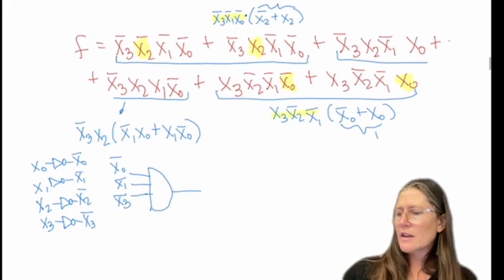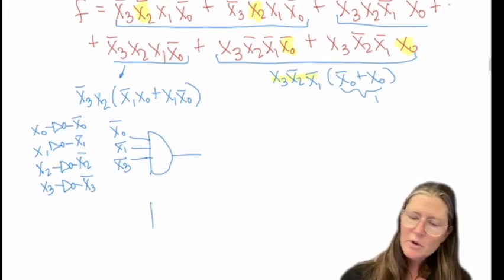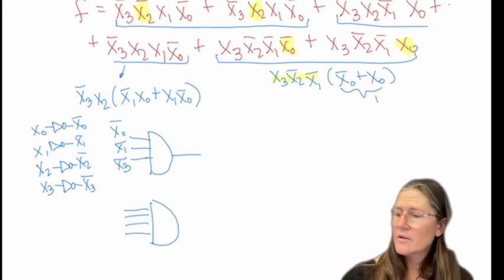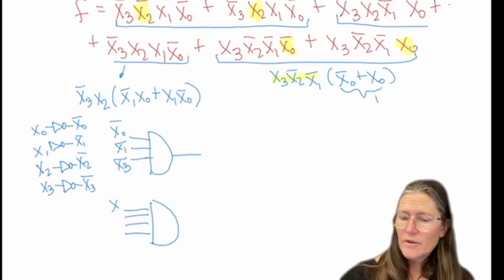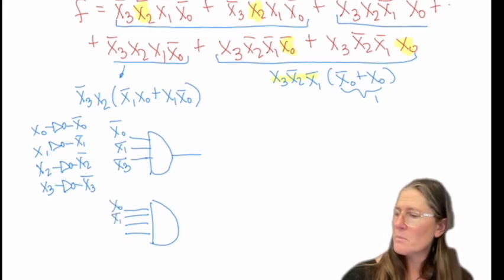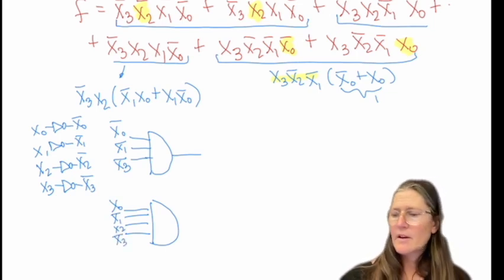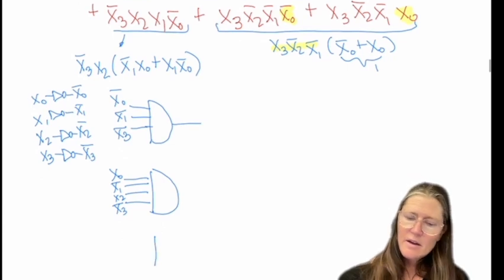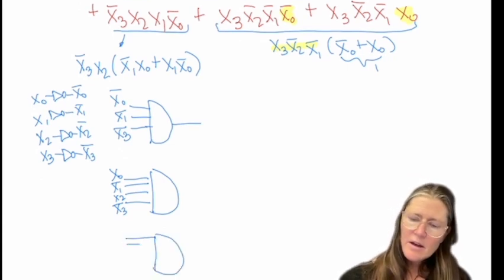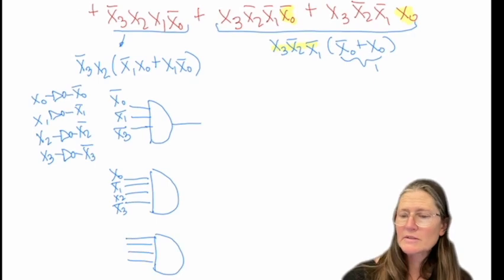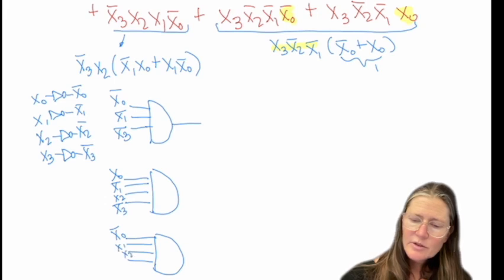And then the next one is going to have a 4 input, for x0, x1 bar, x2, and then x3 bar. And this one's going to have 4 inputs, x0 bar, x1, x2, x3 bar.